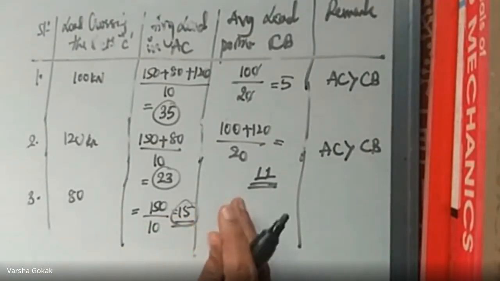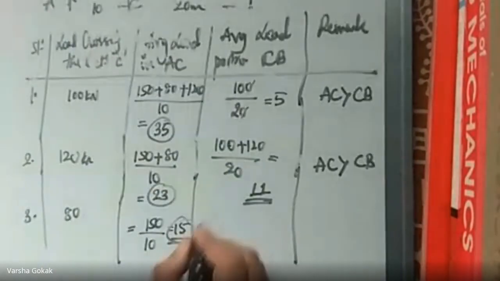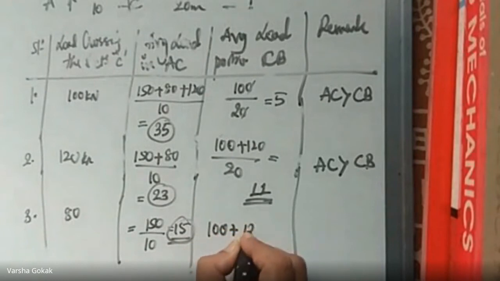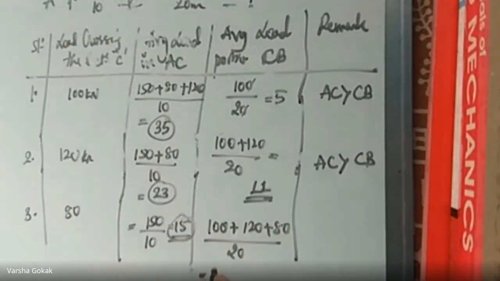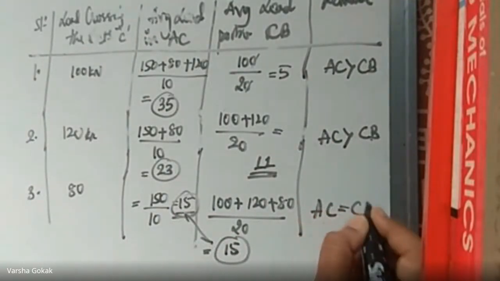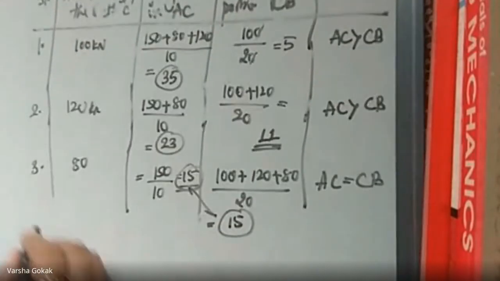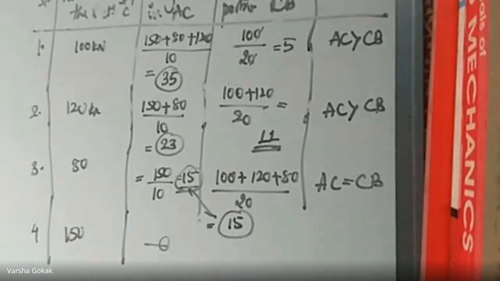Okay, and coming to the other part, I have 100 and 120 and 80. So I'll have 100 plus 120 plus 80 divided by its span, that is 20. How much is this value? 15. Also 15. See, these both have become 15 now, and AC is equal to CB. And the fourth one I need not do, but I know if 150 is crossing, here it will become 0, right?